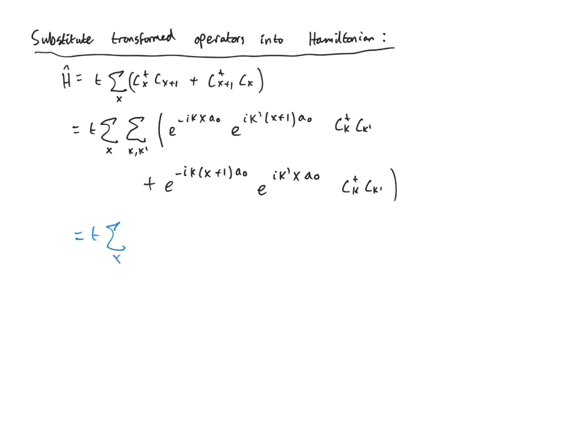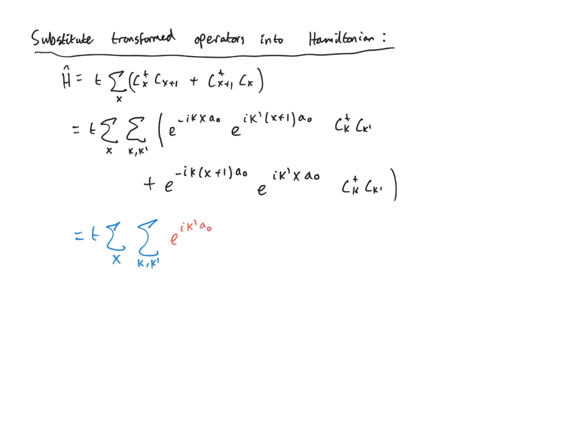So I have the sum over x, the sum over k and k primed. Then I'm going to factorize out this term that I mentioned. In the first term, that's e to the i k primed times 1 times a naught.